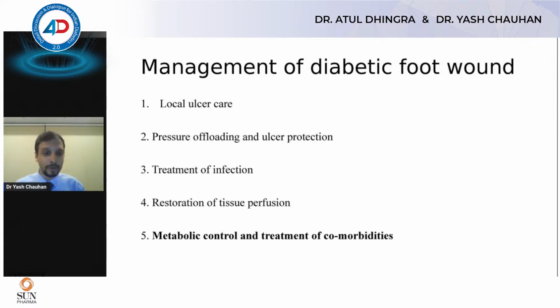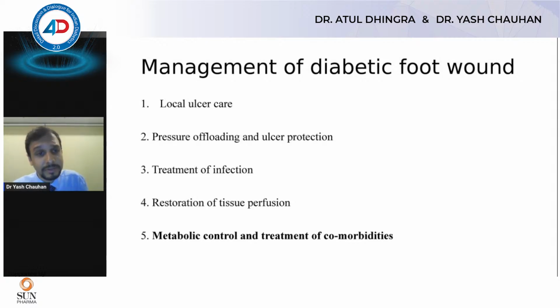So appropriate offloading is important, and that can be done based on where the ulcer is, what location there is, if there is infection, if there is ischemia. So all those factors would apply when deciding what modality to use for offloading.